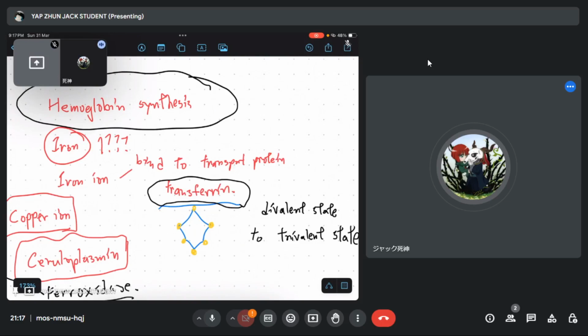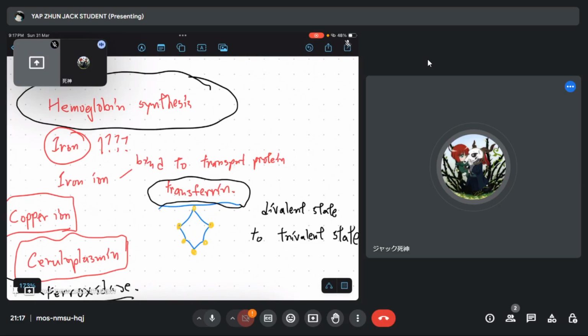The iron that we consume and absorb in our body cannot really bind with the transport protein transferrin. So we need ferroxidase, in other words also called ceruloplasmin.